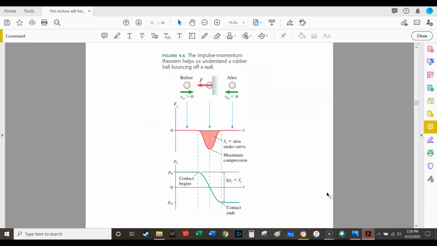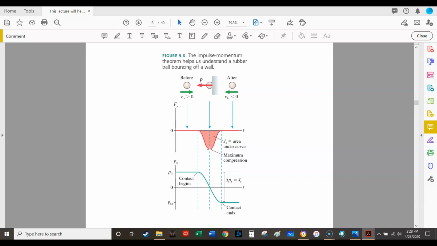Well, this is the timeline of what is happening. When the golf ball comes in, in this case it's going to be pointed to the right. The golf ball comes in, the wall hits it. The wall is applying a force to it, bringing it to a stop.